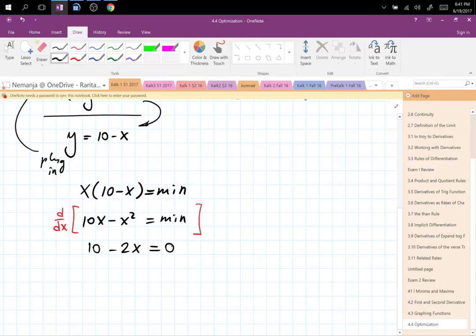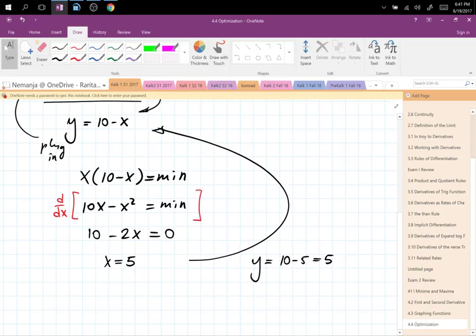Because minimum is some value, maybe 12, maybe 12.6, maybe 37. So minimum is some number, and when you differentiate that, you get 0. And look, you can find that x is equal to 5. And now, you also have the equation which says y equals 10 minus 5, which is another 5, and we get x equals y equals 5.